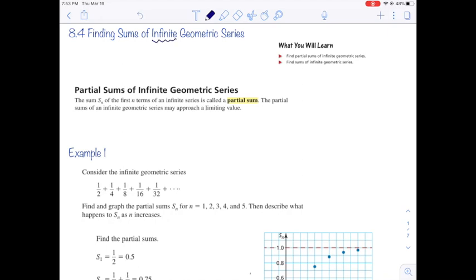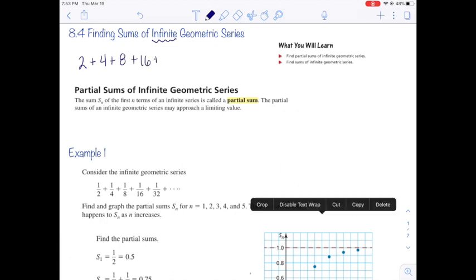Okay, so we've been dealing mostly with finite series before we left. So today we're going to look at a series like 2 plus 4 plus 8 plus 16 plus ..., which makes it infinite when you add the ... We don't know how it goes on forever.